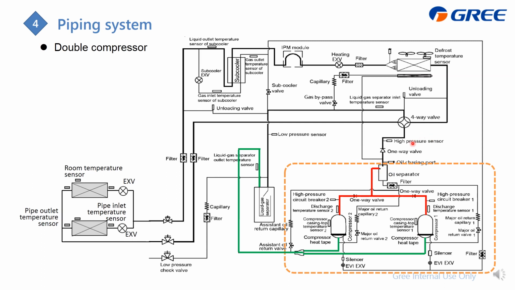And also due to this, the oil which is separated from the oil separator, we also divide it into these two for the major row. And also for the assistant oil return, we just inject from here, so they can share this part to both of these two compressors.